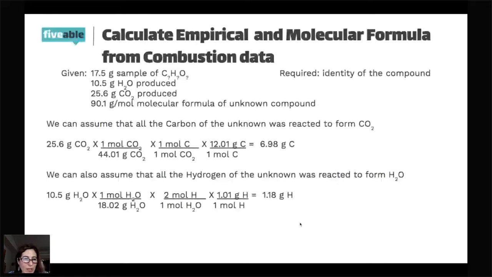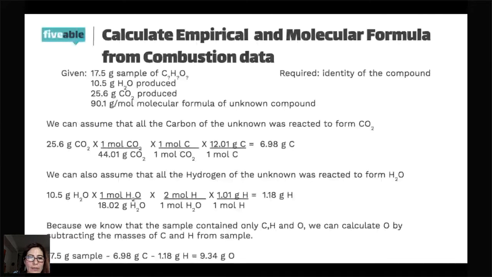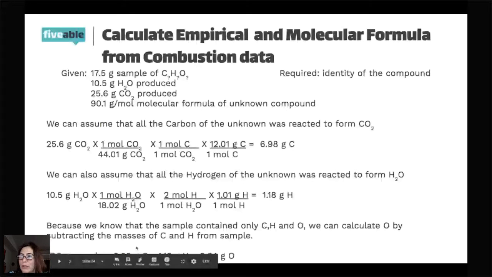Sorry, this is not showing correctly, but we can assume that. So what we are doing is 17.5 grams of sample minus the 6.98 of the carbon minus the amount of hydrogen will give us 9.34 grams of oxygen.